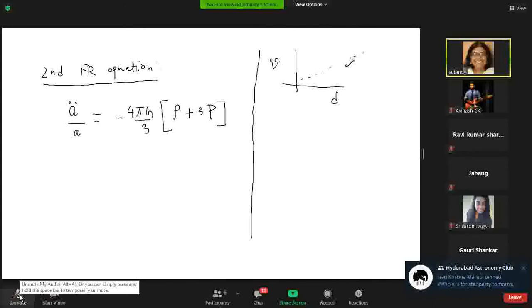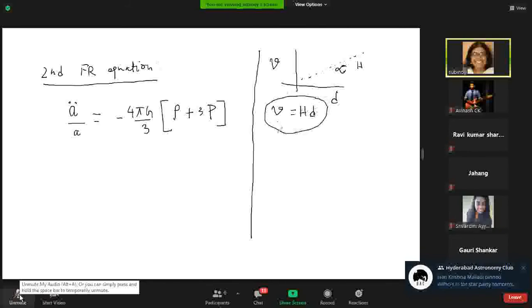That means it is proportional to H. Anyway, proportional to H, so that means v equals Hd.